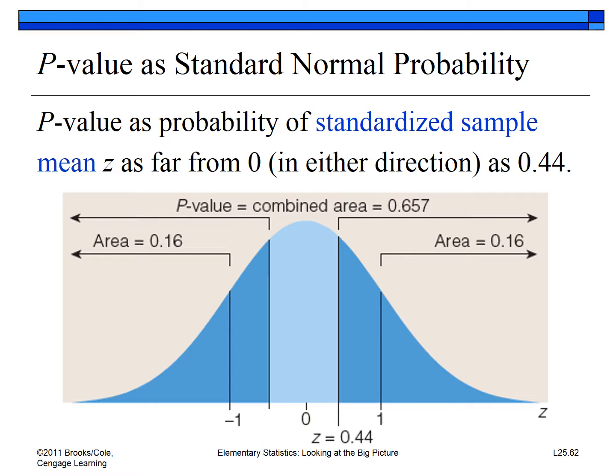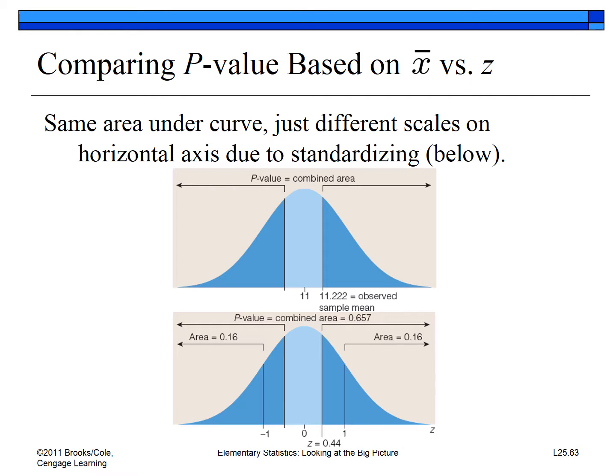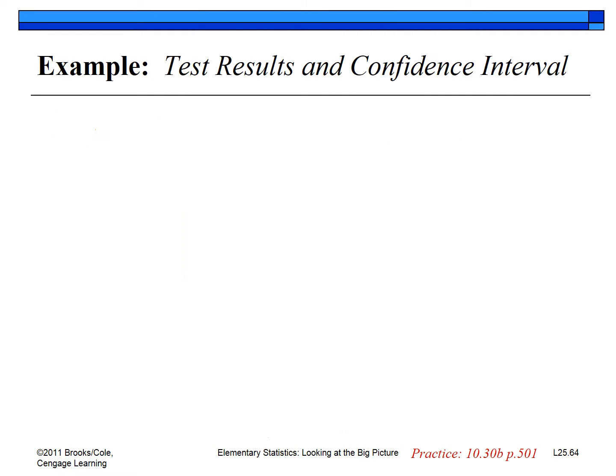It's the area of the tails to the left and to the right of minus z and plus z. Looking at these pictures, you can see why it doesn't matter in which way we frame this discussion. If you just use the means and the distribution for sample means, or if you standardize, the result will be the same.